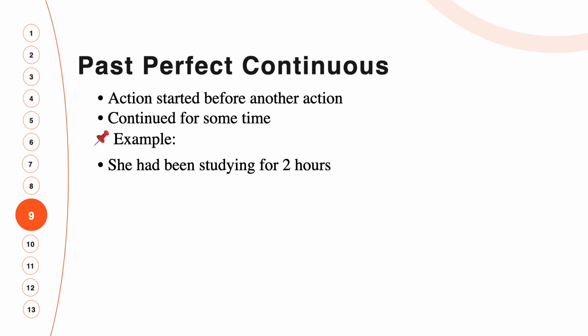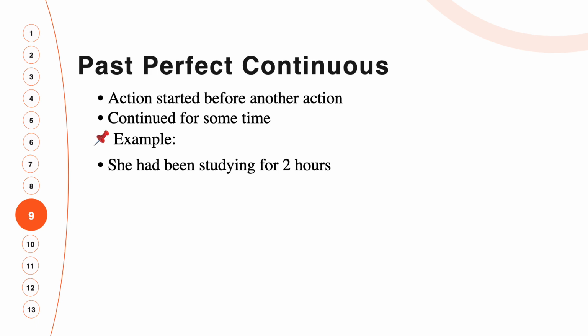So, in the example, she had been studying for 2 hours, it's saying that an action started before another action. It is the one showing that it's a past perfect continuous.